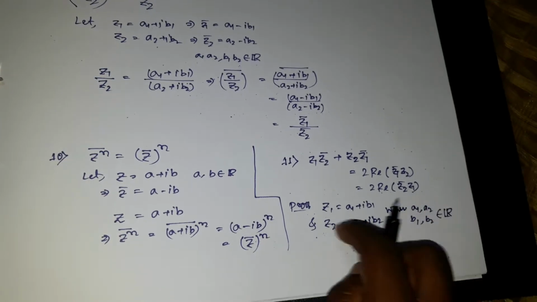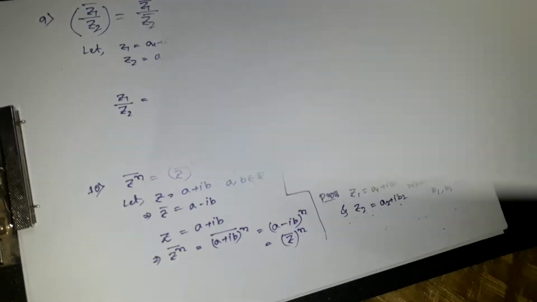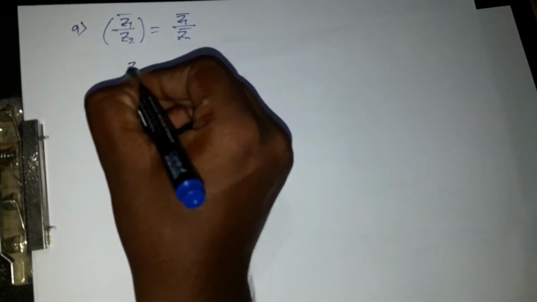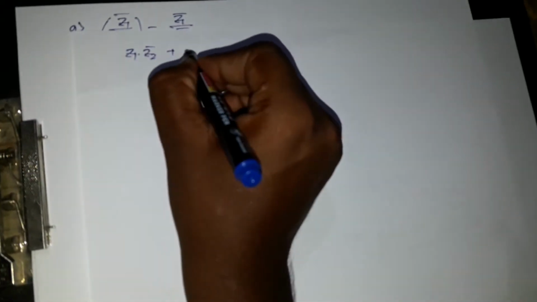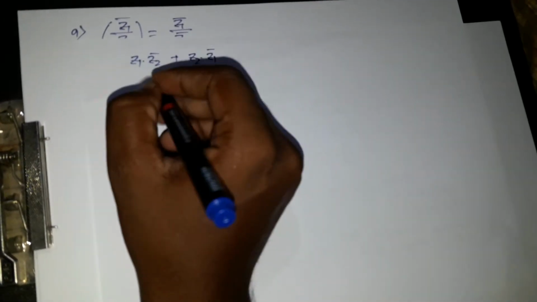Okay, now what is going on? z1 into z2 bar, z1 z2 bar, plus z2 into z1 bar.